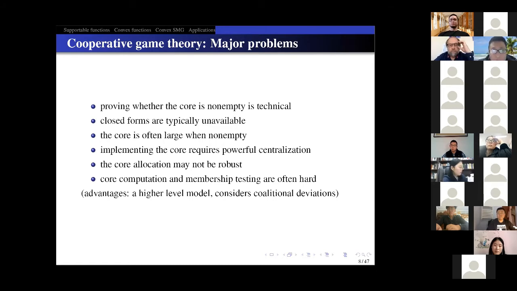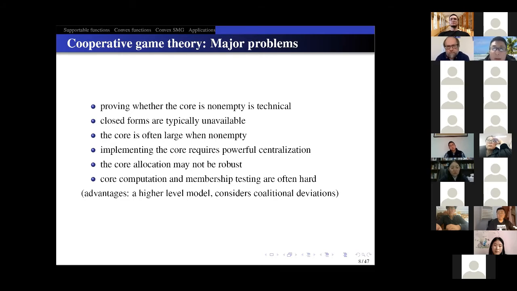But without more managerial or economic implications, economists may not appreciate this kind of theory. And also, when the core is non-empty, it is usually very large, and we don't know which core solution to use.